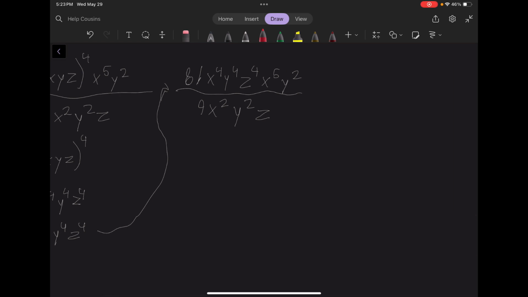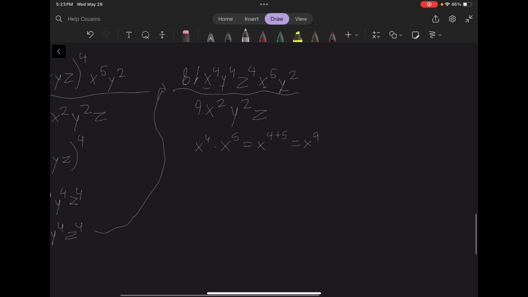So up here, we're going to simplify common factors. We have the two x's: x to the 4 times x to the 5, which would be x to the 4 plus 5, which is x to the 9.